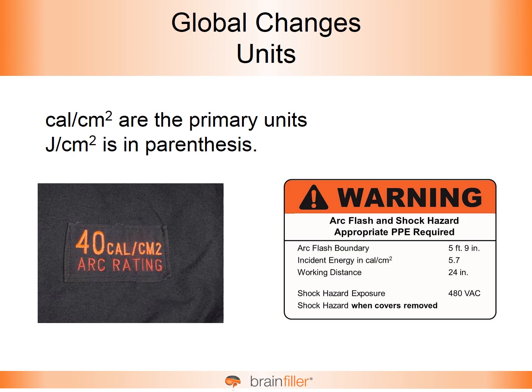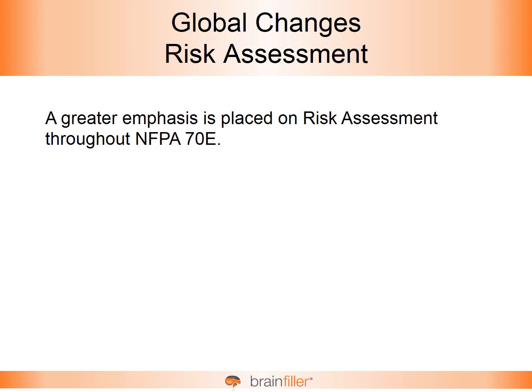So calories per square centimeter are now going to be the primary units, and joules per square centimeter will be in parentheses. As a frame of reference, the commonly accepted threshold for where the onset of a second-degree burn may occur is 1.2 calories per square centimeter. The equivalent in terms of joules per square centimeter is 5 joules per square centimeter.